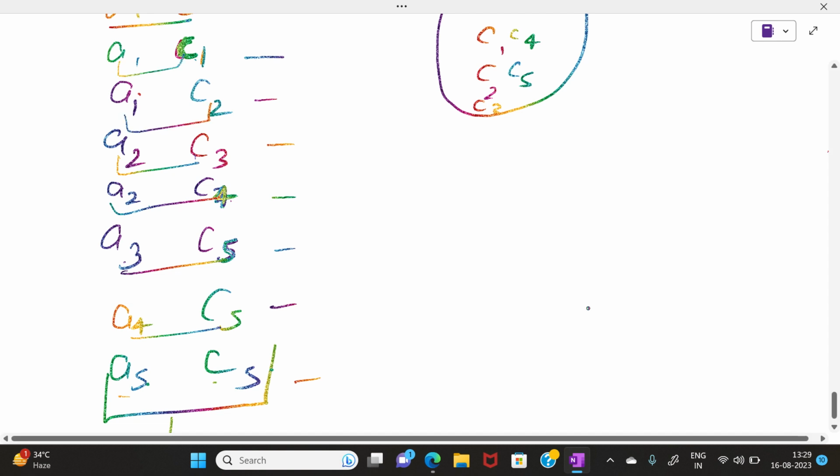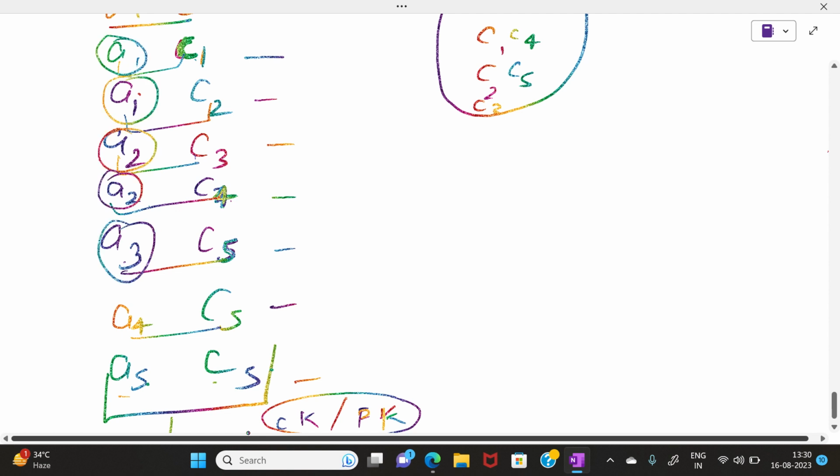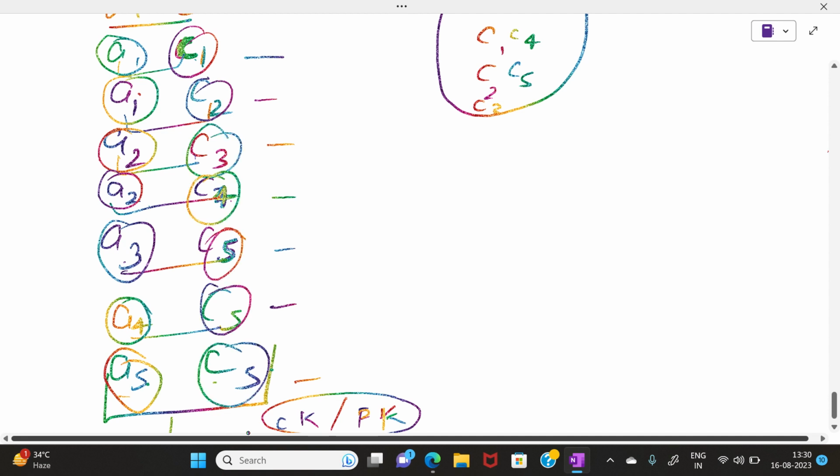It is acting as a primary key, because it has no null values. But here we have this repetition of A1, A1, then A2, A2, A3, and then A4, A5. Similarly, we have C1 and then C2, C3, C4, C5, C5, C5, right?